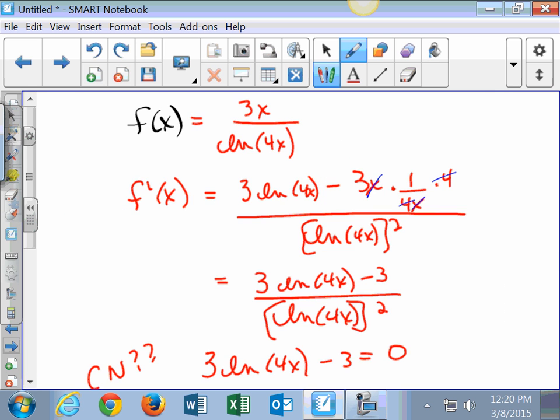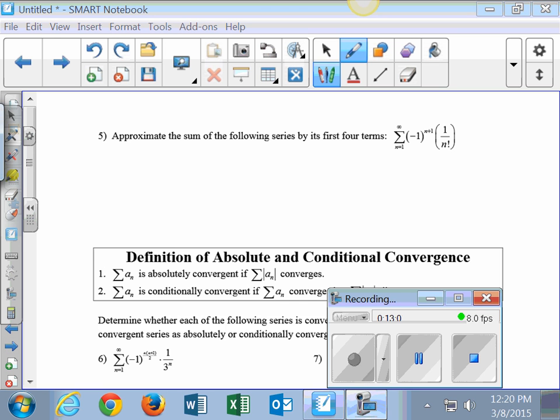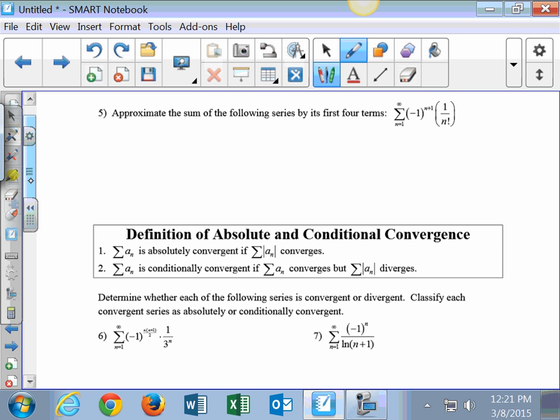So, next page. Looking at number 5 here, it asks me to approximate the sum of the following series by finding its first 4 terms. So I would have the sum of the first 4 terms.